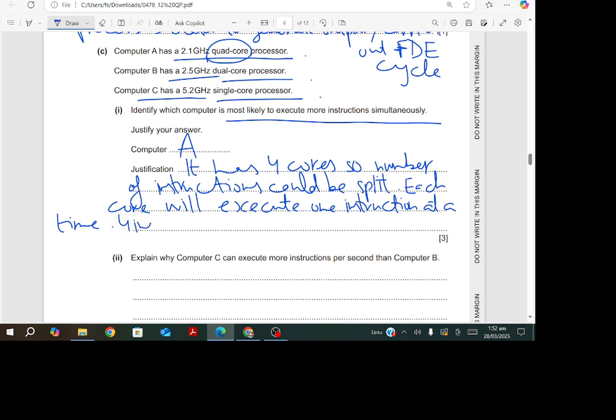So four instructions can be processed at the same time.